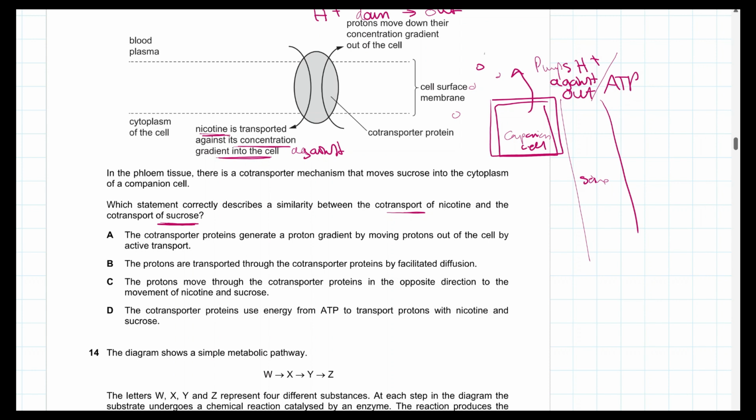And then sucrose molecules found outside combine with a hydrogen ion and move back into the companion cell together through something called a co-transporter protein.